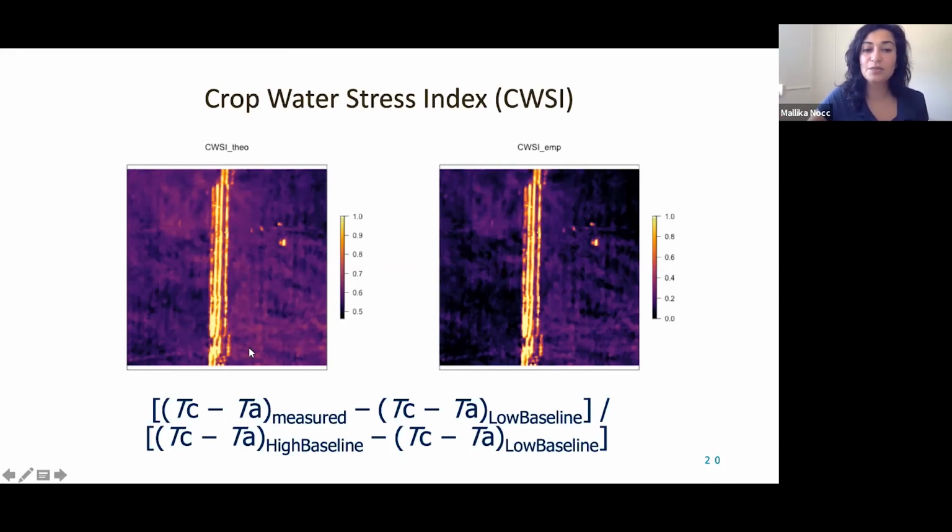So here are two examples that could happen. There are some theoretical values and estimates where maybe you don't want to do this empirical work and develop a baseline for your crops. There are some theoretical approaches to figuring out what the high and low baseline could be. And then there are also some empirical formulas already out there for thinking through what the high and low baseline could be for a given crop.